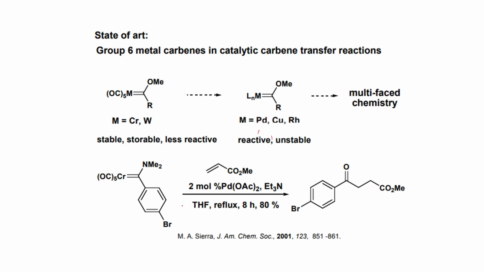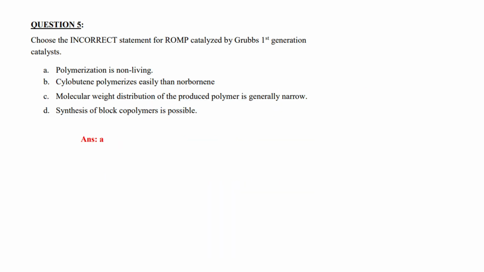So here you can see one example for that. If palladium 2 and this carbene, at first this transfer happened, and then only it reacted with this particular Michael acceptor and ultimately ended up with those cycles.